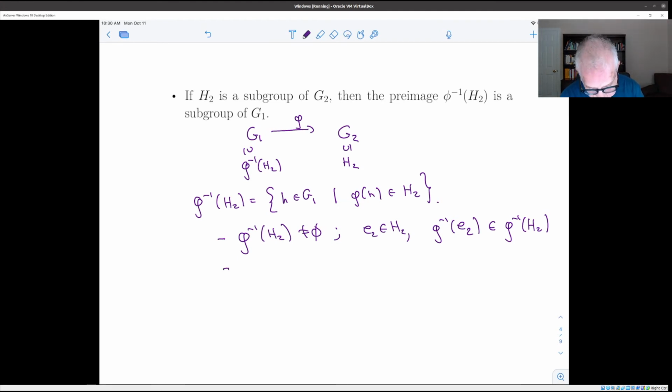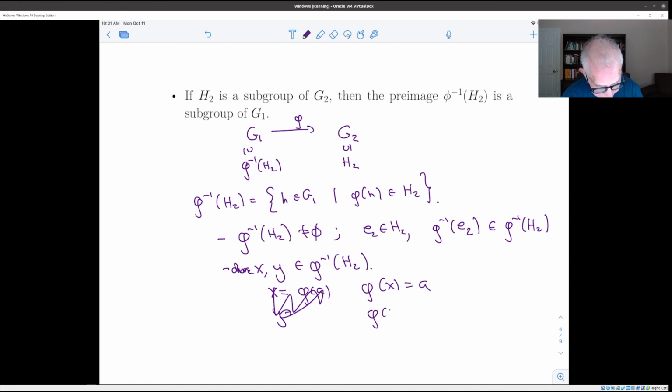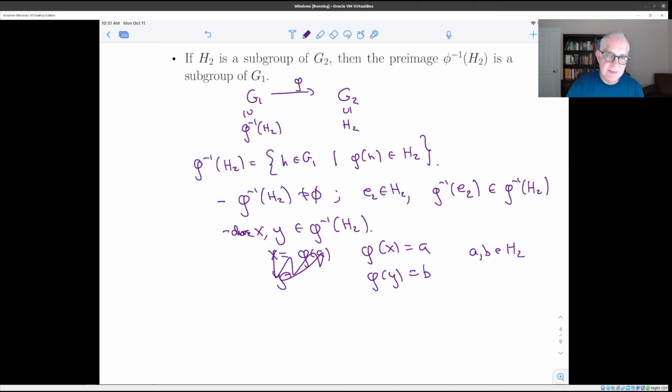And then let's suppose we have X and Y in phi inverse of H2. So we're going to have to check the same thing that we checked a little while ago. So that means, let's write it this way, phi of X is A and phi of Y is B, and A and B belong to H2. That's what it means to say that X and Y belong to phi inverse of H2. It means that if you apply phi to them, they land in H2. And now we do the same calculation as before.